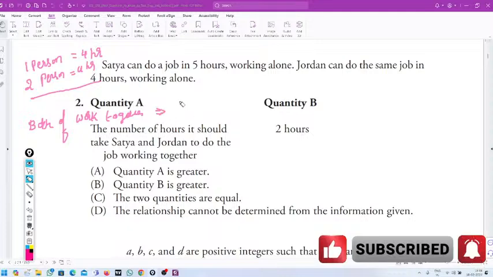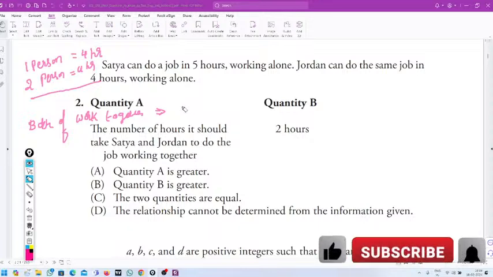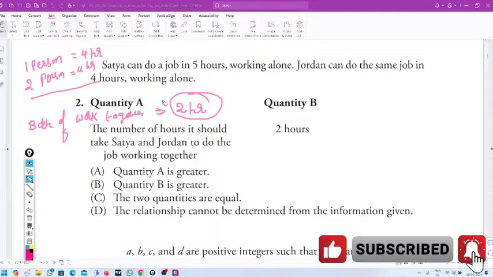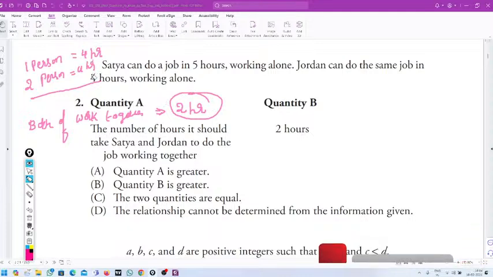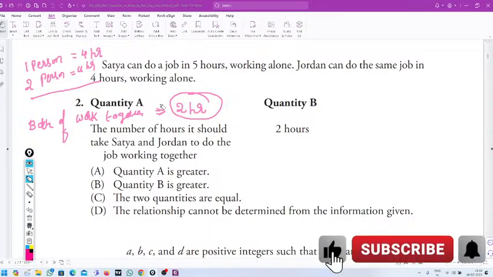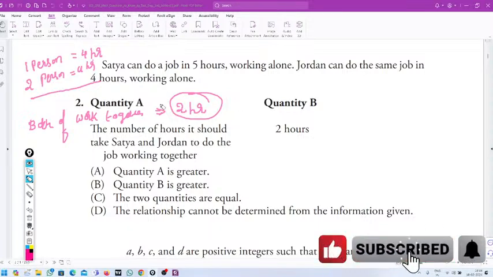When they share equally, how much time will they take? Each person will take 2 hours. So both of them will complete the work in 2 hours. If each person takes 4 hours, I can divide by 2 because 2 people are there. Suppose with 4 hours and 3 people, I can divide by 3.